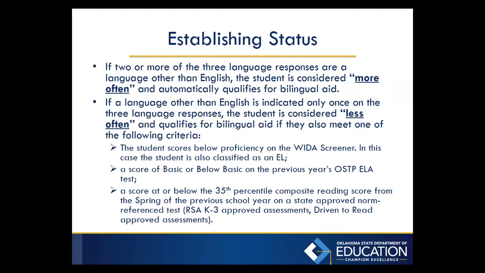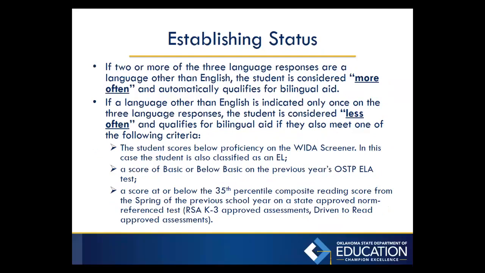Or if they answer a language other than English only once and have a score of basic or below basic on the previous year's state testing program English Language Arts test, or they have a score at or below the 35th percentile composite reading score from the spring of the previous school year on a state-approved norm-referenced test. Okay, there are only 2 of those. That's the RSA K through 3 approved assessments or the Driven to Read approved assessments.